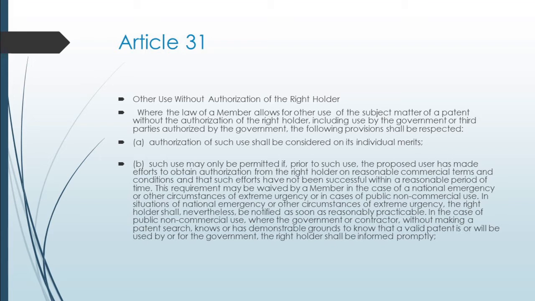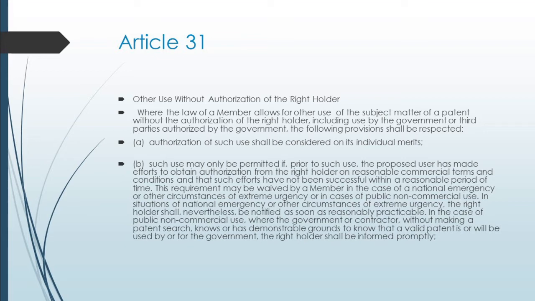Rather, it gives simple guidelines which need to be there while any country drafts its compulsory licensing process. When you talk about India, Section 84, Section 92 and Section 92A of the Indian Patent Act 1970 deal with compulsory licensing and in reality are in line with the provisions of Article 31.